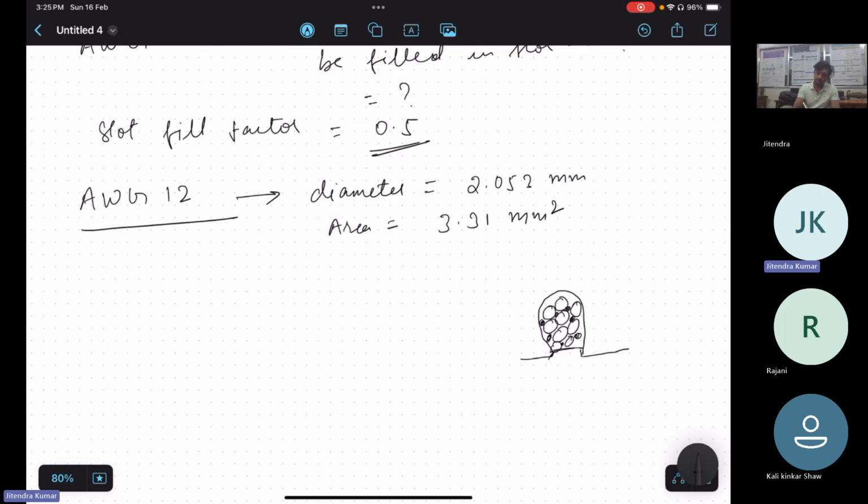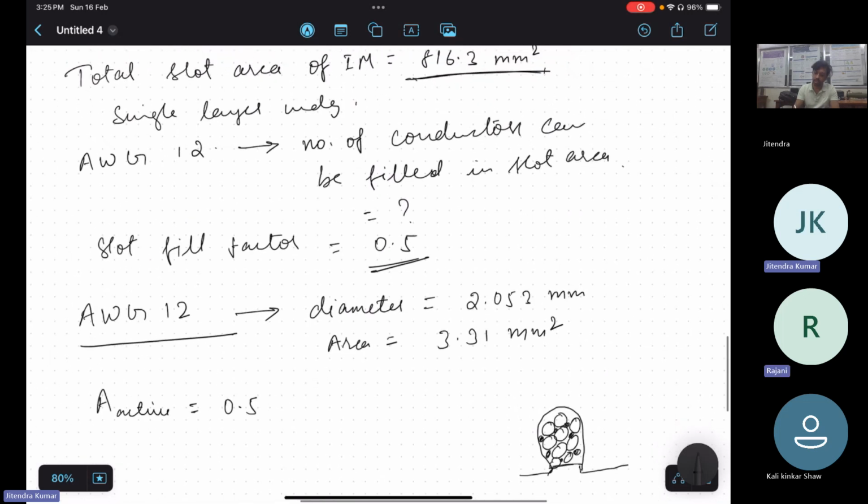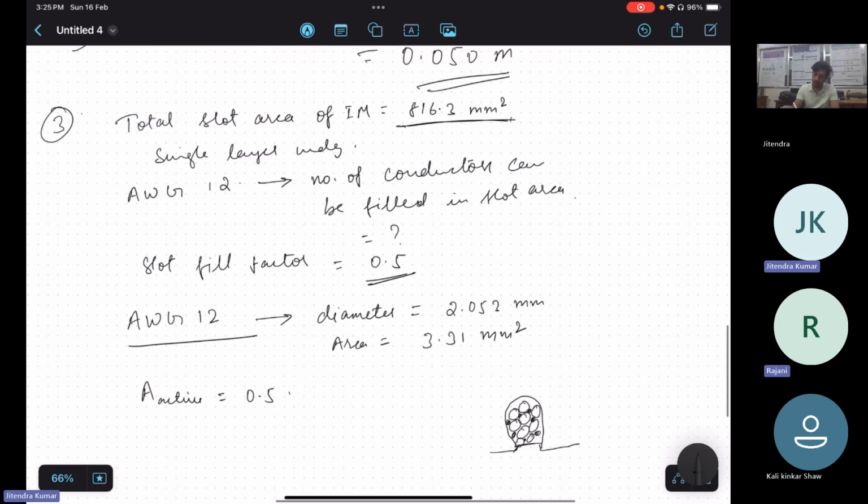So now we have the active area, which is the slot fill factor times the slot area. It will come out to be 408.15 mm square.